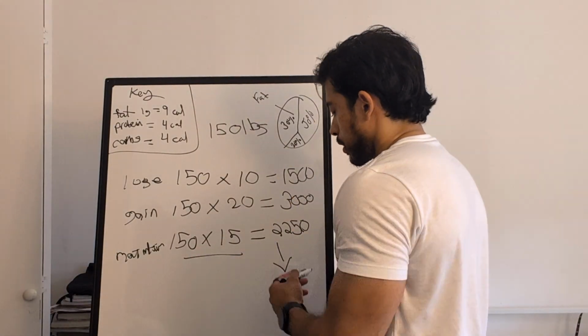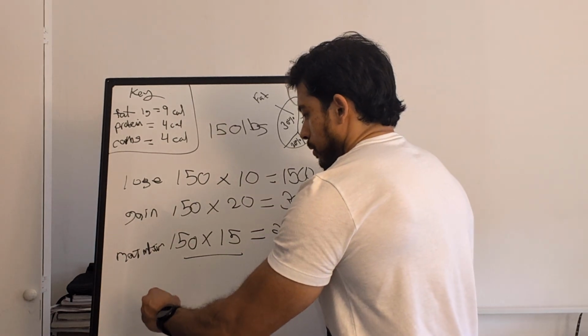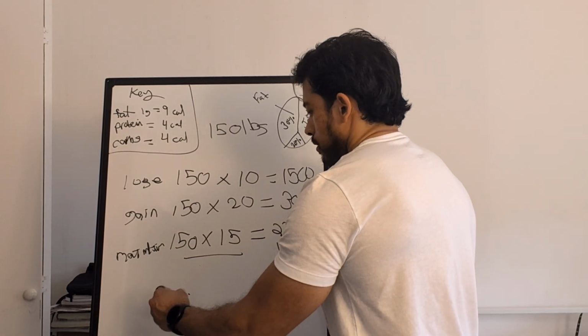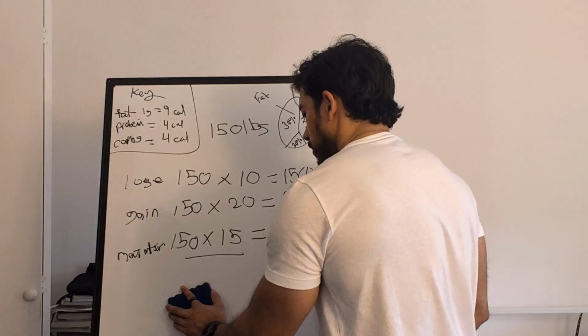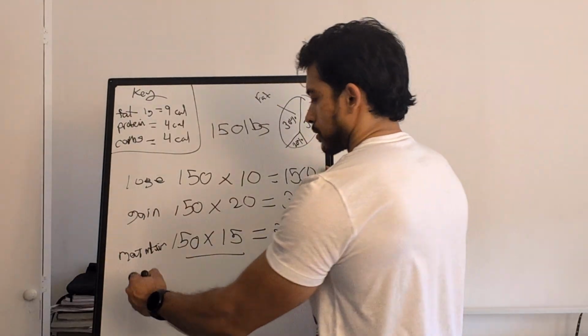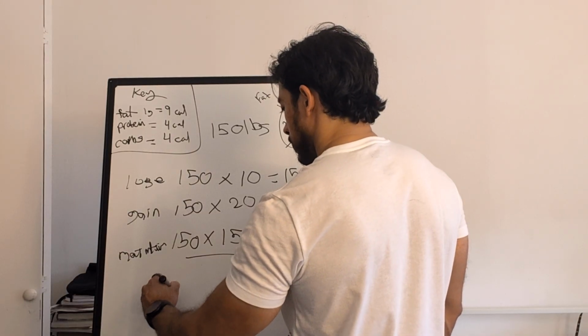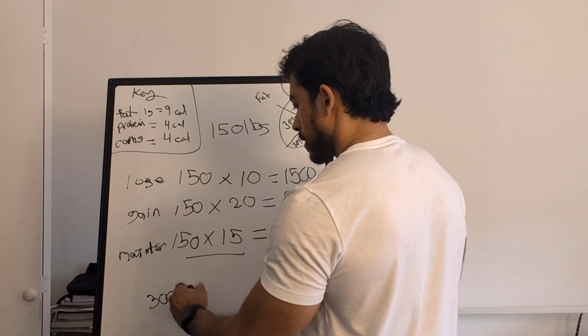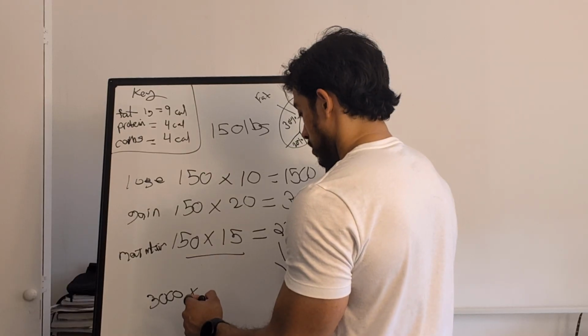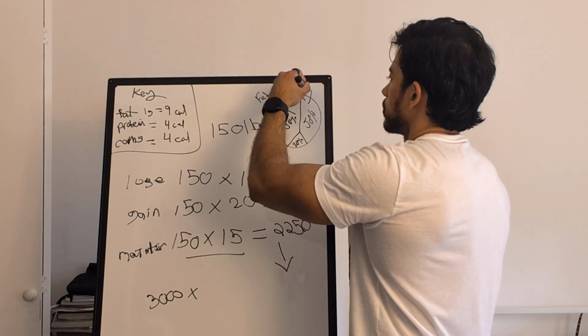So let's say we're trying to figure out what our macros are for this amount of calories. Let's keep it simple. Flat numbers. So 3,000, right? This is going to be carbs.